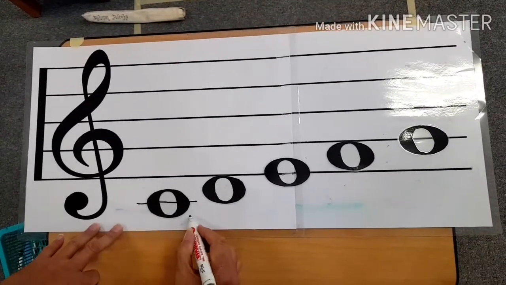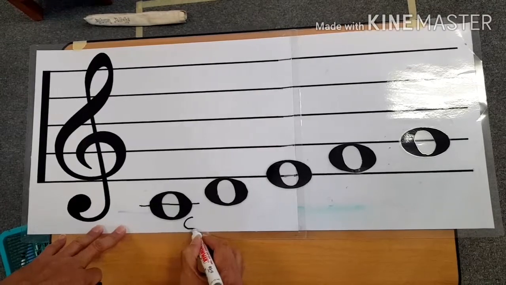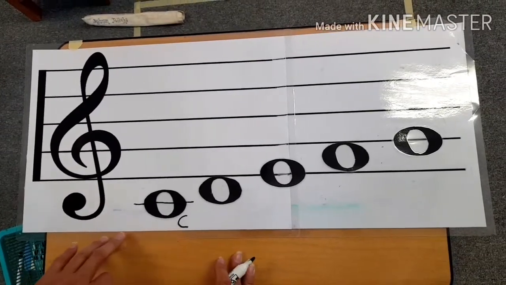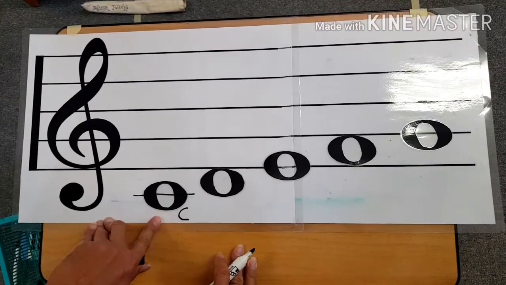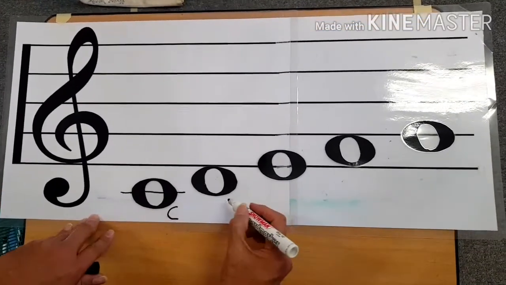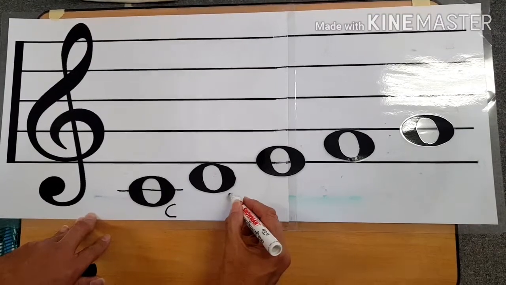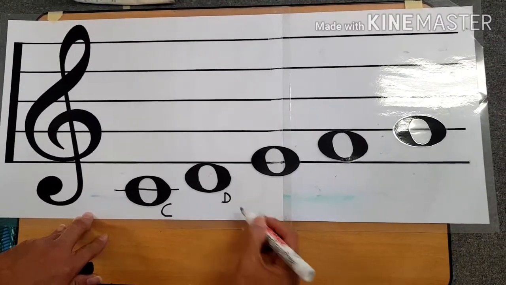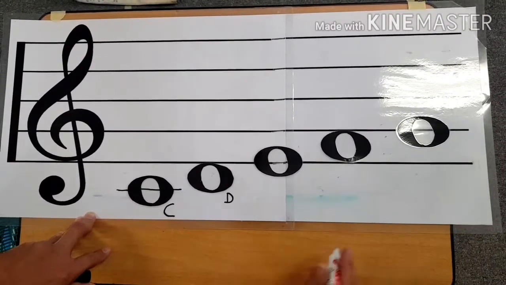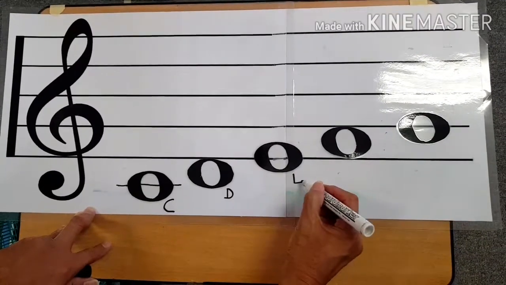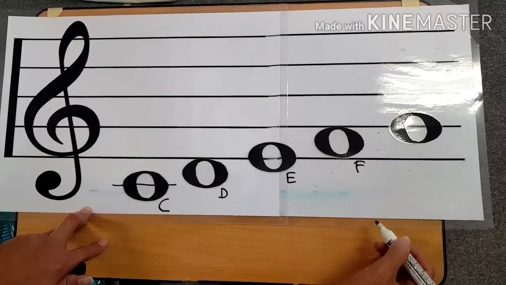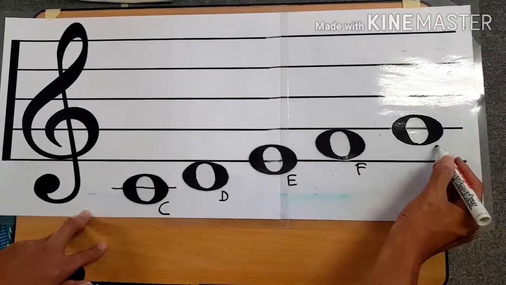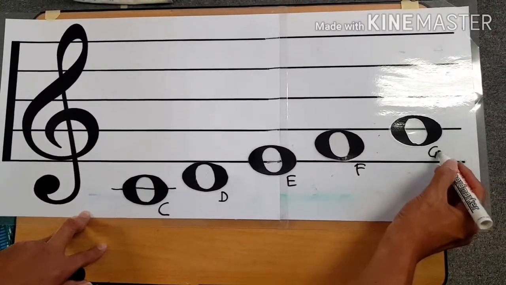Yes, it's C. And how do we sing it? We sing it as Do. The second note is D. The third note, E. Fourth, F. And the fifth one is G.